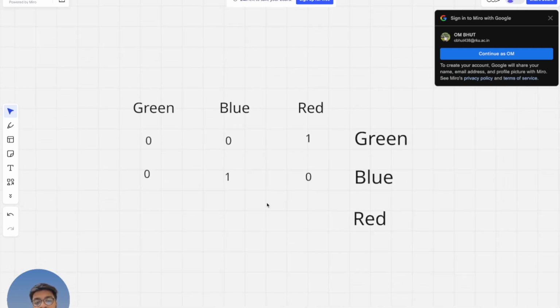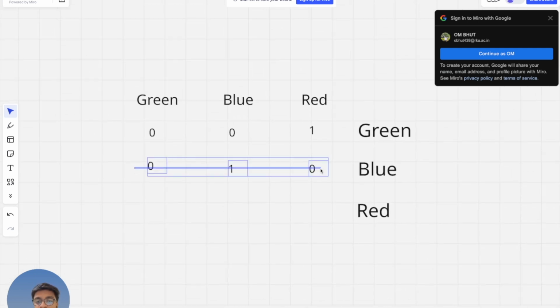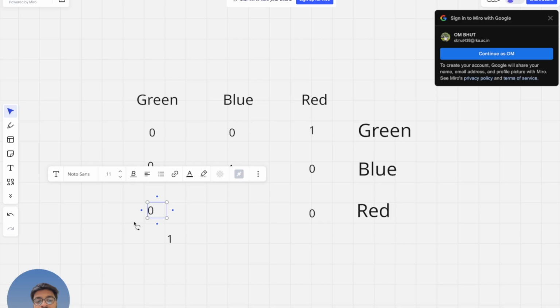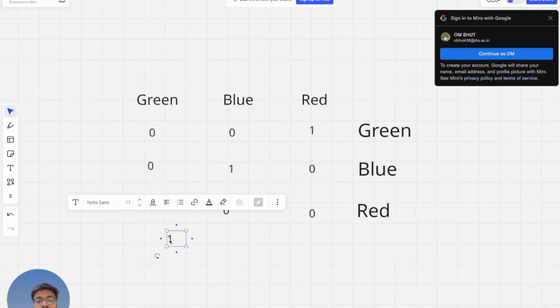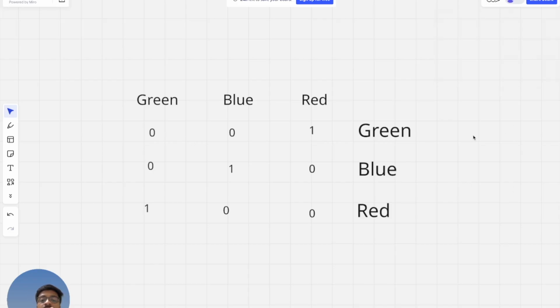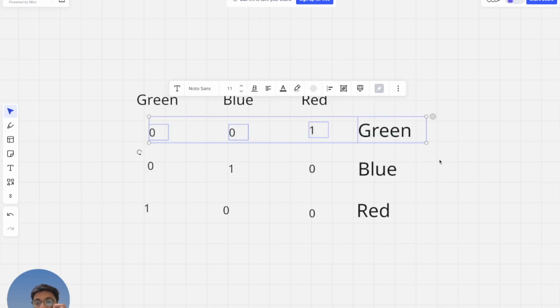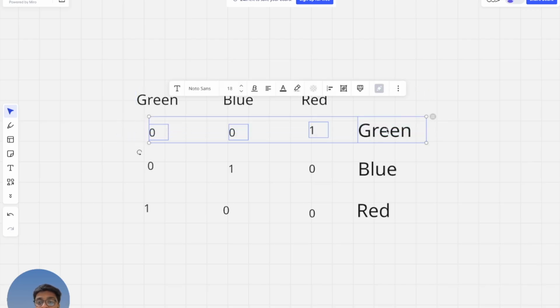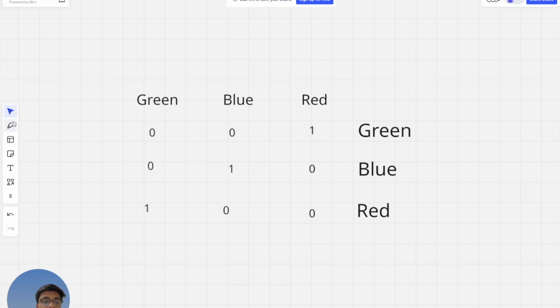Now there is a trick in this particular thing. While working on a machine learning program, we always ignore the first row, because it's a good thing that we can ignore this line.